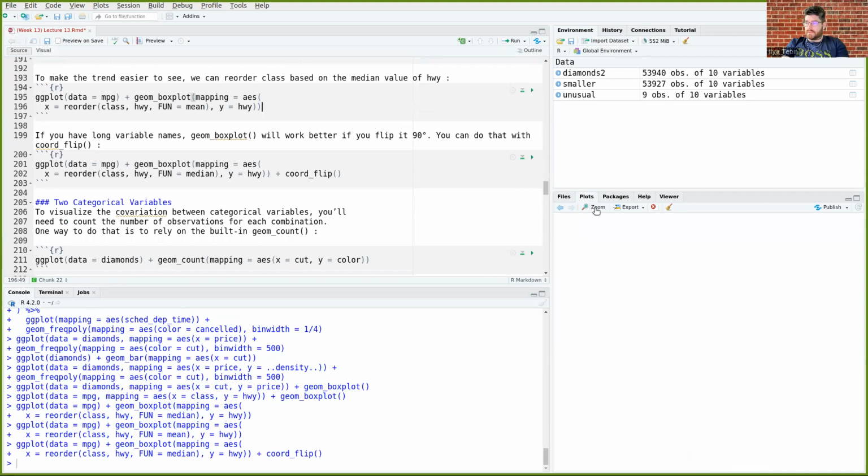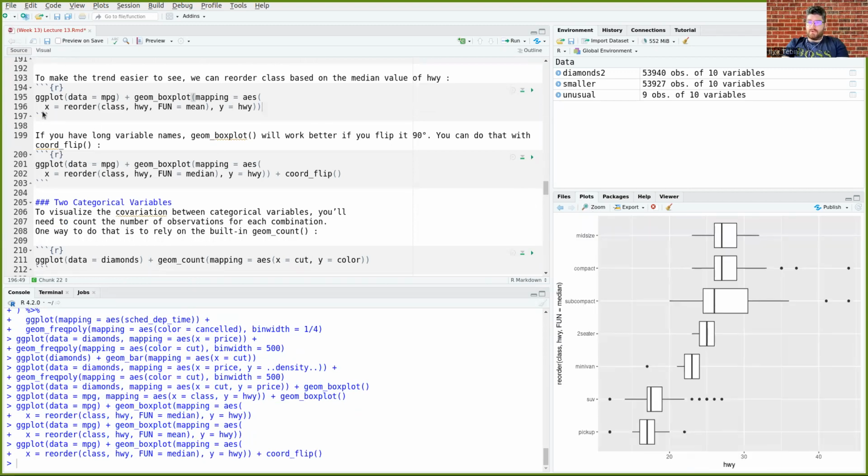Coordinate flip is useful when you have, for example, a subcompact class of automobile of some particular value. If you have the name of the variable which is really long, it's useful to flip the coordinates to produce these values neatly, and you will be able to read them.